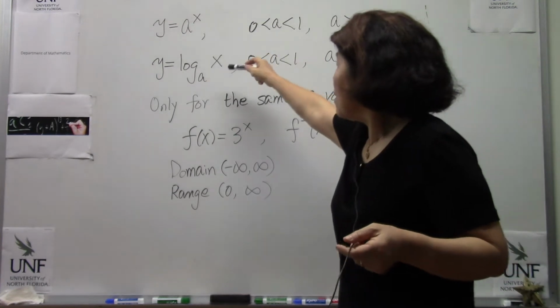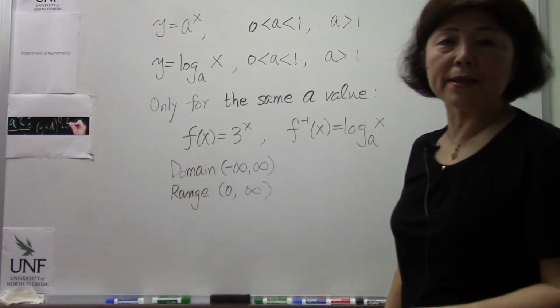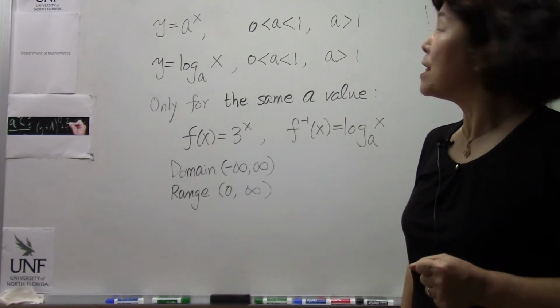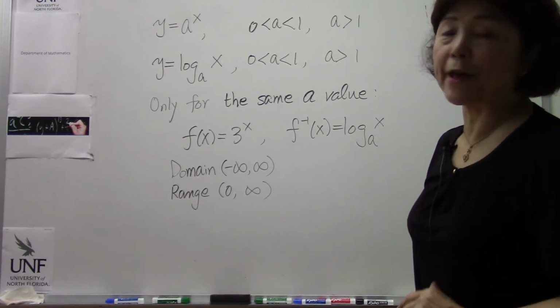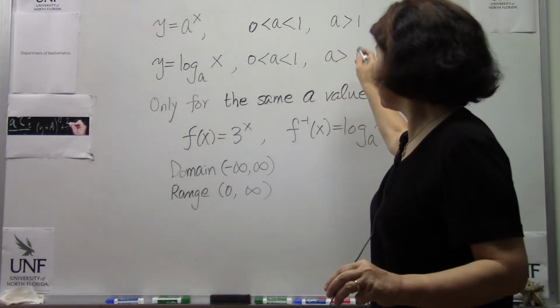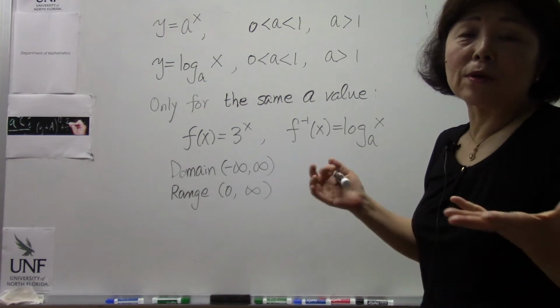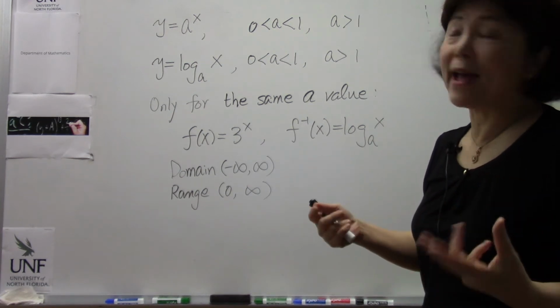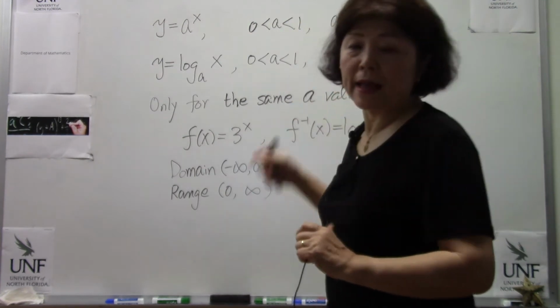Again, because this a comes from the base in the exponential form, we must apply the same a values. So there are two categories over here. Do they make any difference? For example, a equals 1/2 and a equals 2 belong to two different categories.